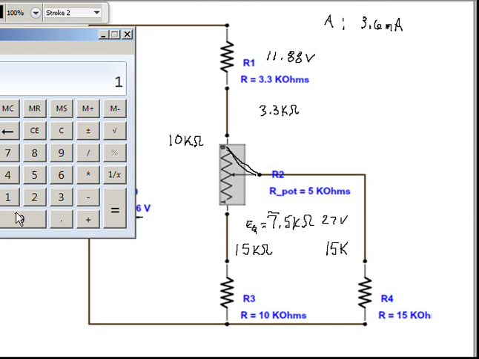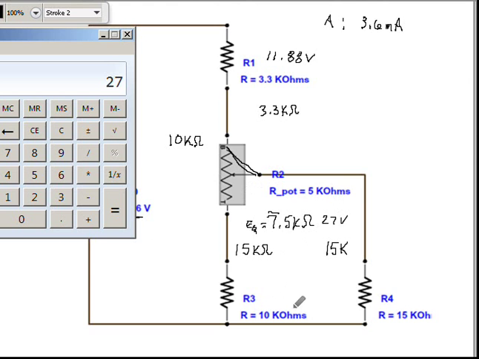All right, let's see here. 10K ohms, 1 over X, times 36 equals 3.6 milliamps times 3300 equals 11.88 volts. 0.0036 times 7500 equals 27 volts. Doesn't look like it's adding up to me. Does it to you?